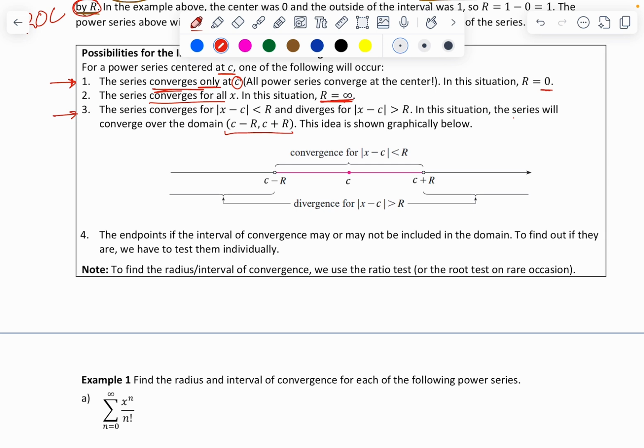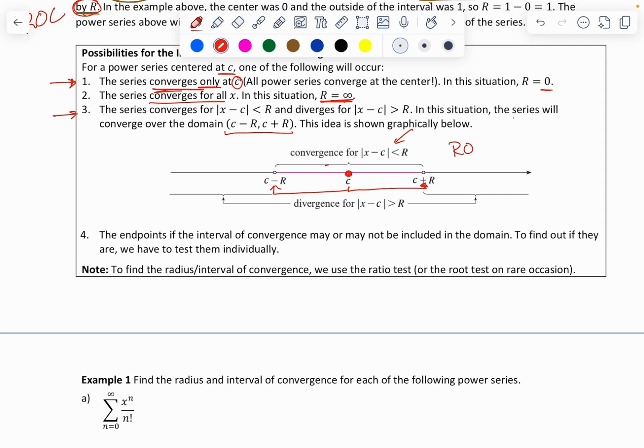If we solve for that |x - c|, we have determined that this is going to converge for anything where |x - c| is less than R. So from the center, we go a positive radius and it will converge here, and we go a negative radius and it will also converge here.